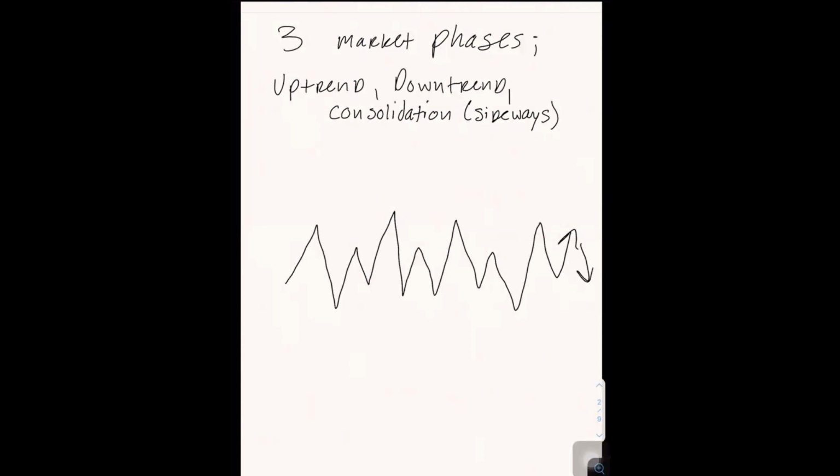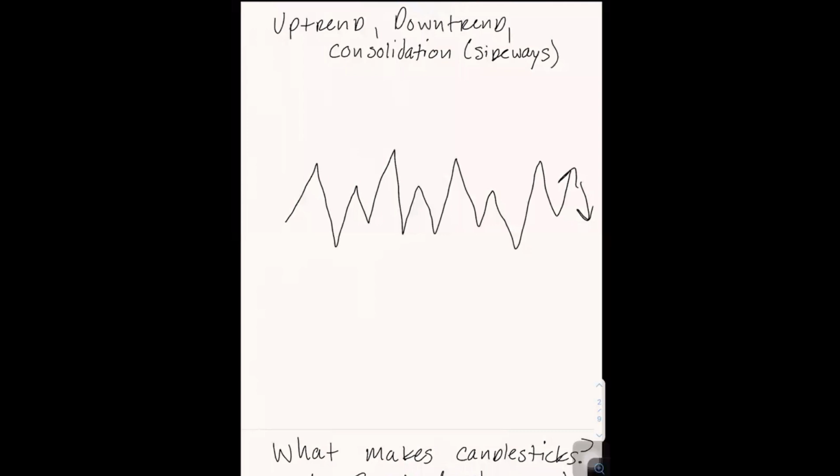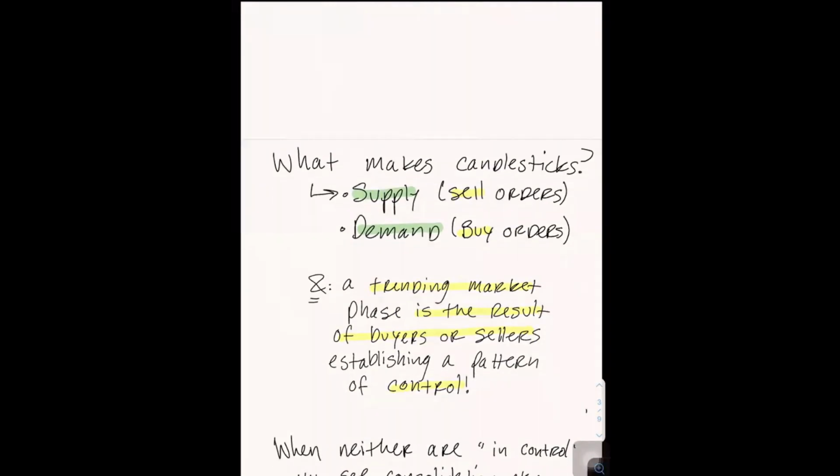This is some of the most basic aspects of price action. Let's move on to the next piece. What makes candlesticks, or what we see on our charts? Supply or sell orders and demand or buy orders. If a candle is going up, it's the result of buy orders or buyers.